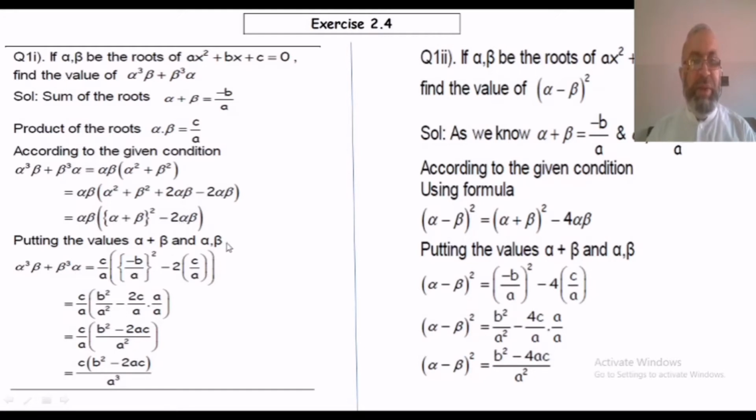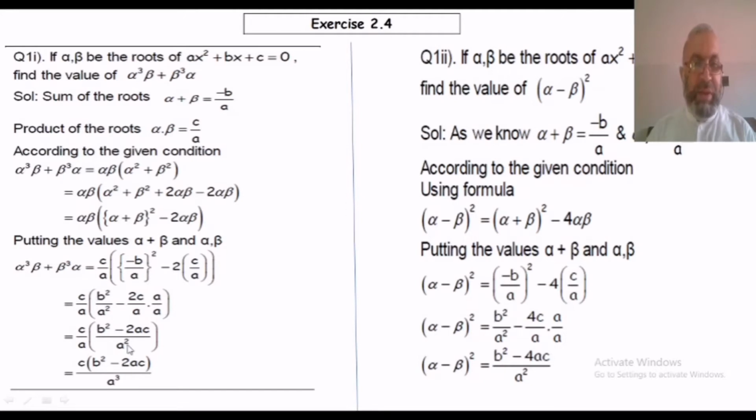Now by putting the values of the sum of the roots and product of the roots in the given expression, alpha beta is c by a into alpha plus beta square, minus b by a square, minus 2 into alpha beta, whose value is c by a. Simplifying this expression, c by a into b square by a square minus 2c by a. Again this term, multiply and divide by a to get a square, the same LCM.